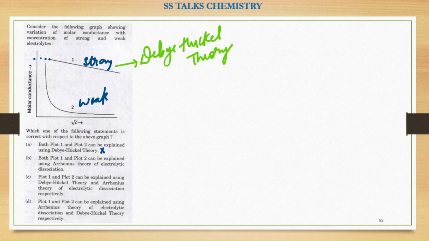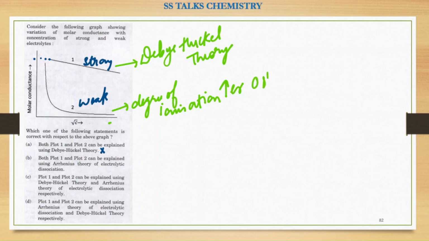Whereas for the weak electrolytes, with the decrease in the concentration or with the dilution, the conductivity is increasing because the degree of ionization increases with the dilution, and that is based upon your Ostwald dilution law.